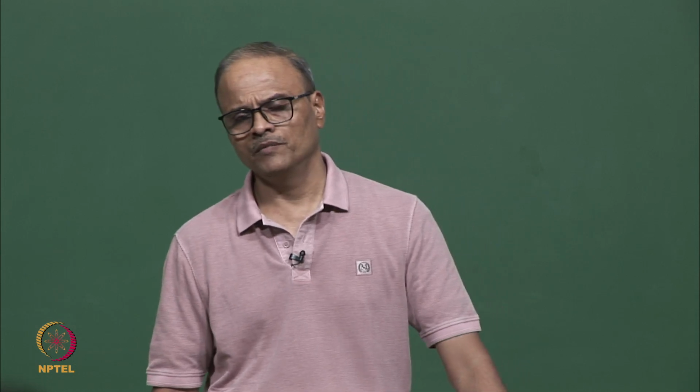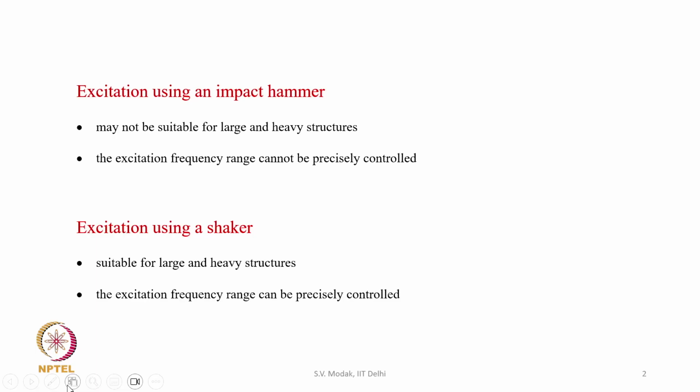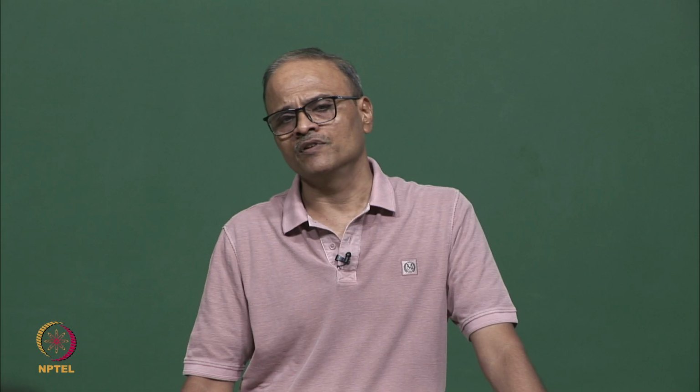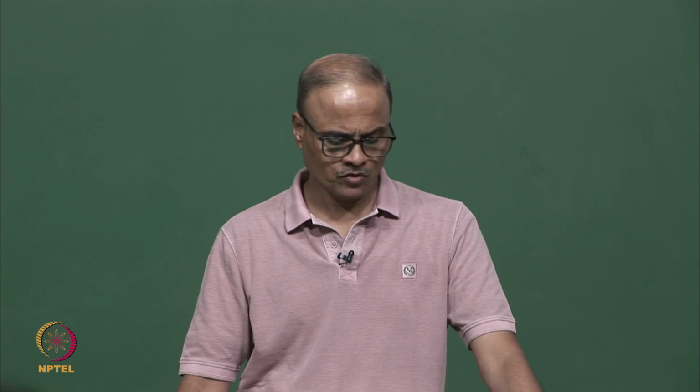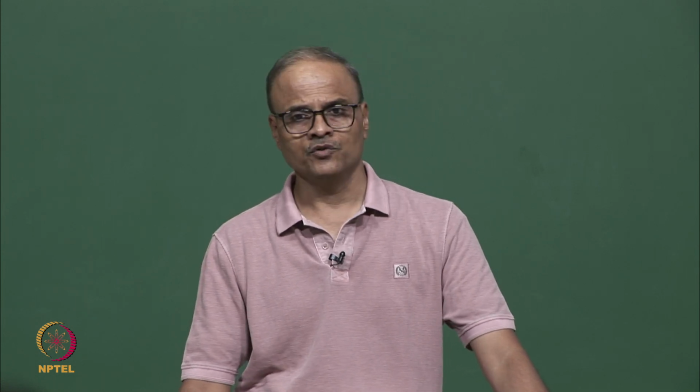Also, the excitation frequency range depends on the kind of excitation signal that is used to drive the vibration shaker. As we will see, we will use a signal generator to generate a signal of a specific type and with certain frequency domain characteristics, and by choosing the signal properly we can tailor the frequency range of excitation. So this is another important advantage of using a shaker.